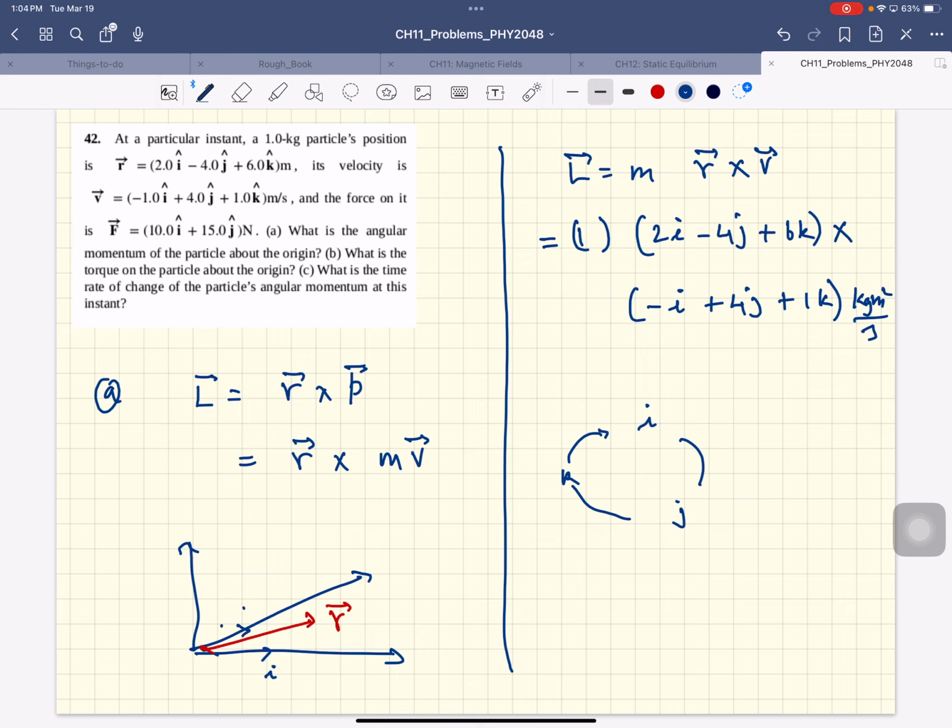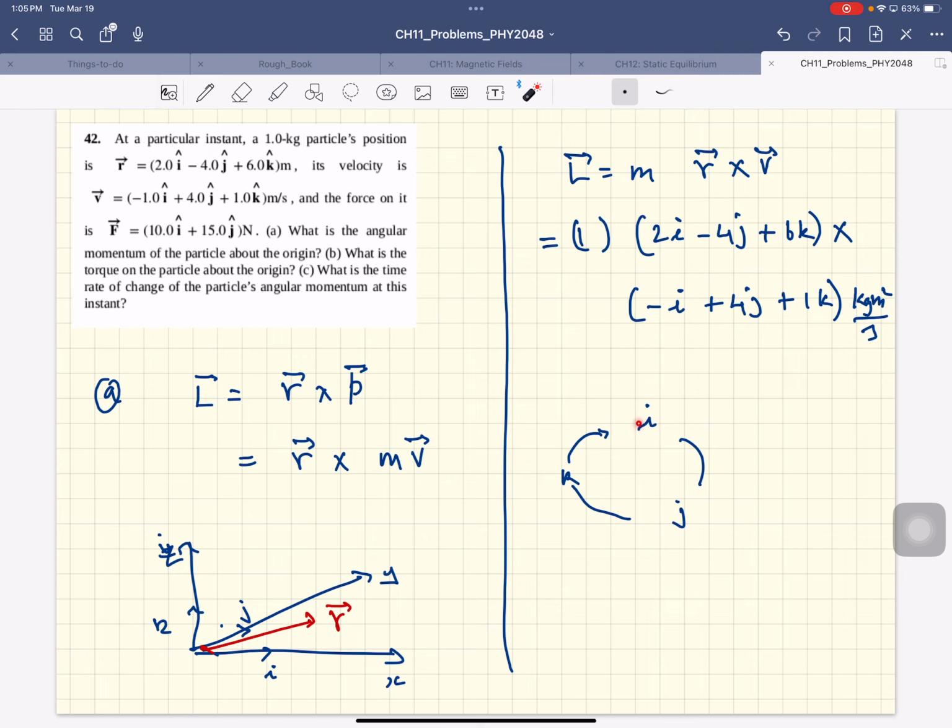i, j, k. Those are the unit vectors. So here's the deal. When you take your right hand, and the first finger turns into the index finger, the middle finger points in the direction of the cross product. So i cross j is k. j cross k is i. k cross i is j.